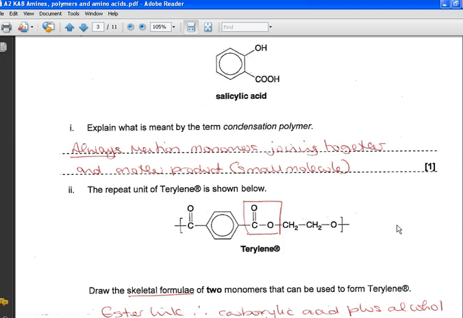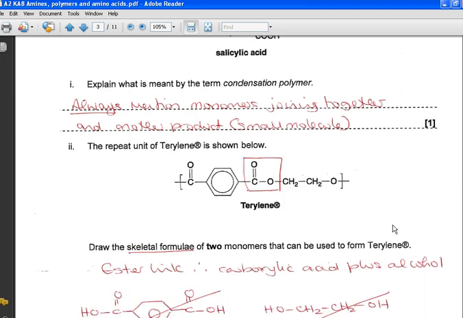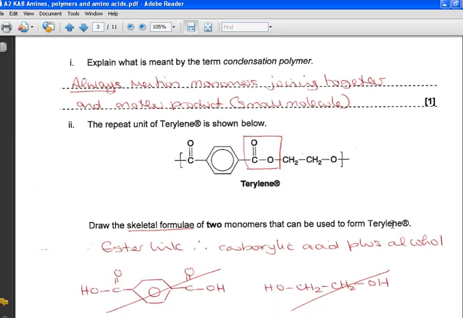And in terms of condensation polymers, you lose a small molecule, maybe water, maybe HCl. And it would be the same if you were being asked about addition polymers. You always have to start by saying that it's a number of monomers joined together. Okay, learn those definitions. I can't stress it enough, really.